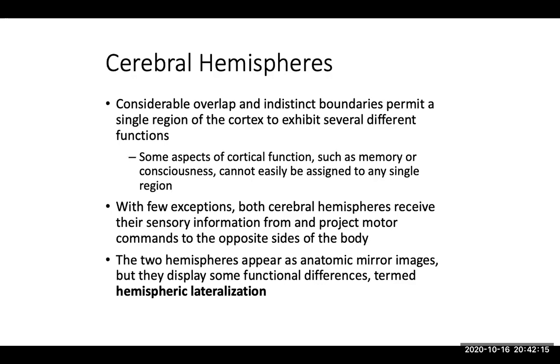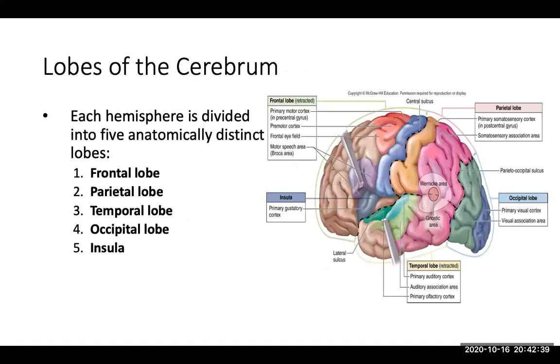So that means that sensory information, in most cases, not always, comes from the right side of the body and goes up to the left side of the brain, and vice versa. The two hemispheres will appear as anatomic mirror images, but they will display some functional differences. We call these functional differences hemispheric lateralization.